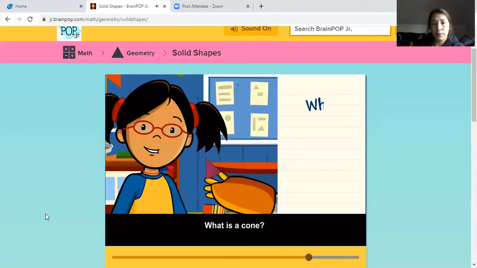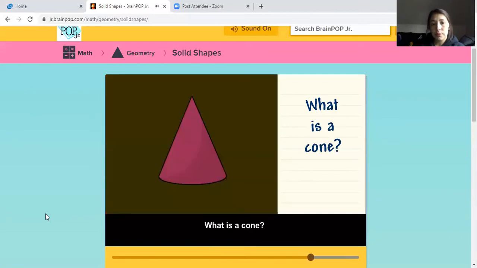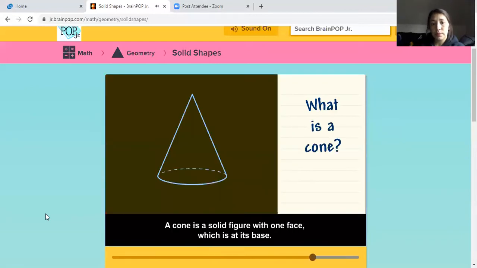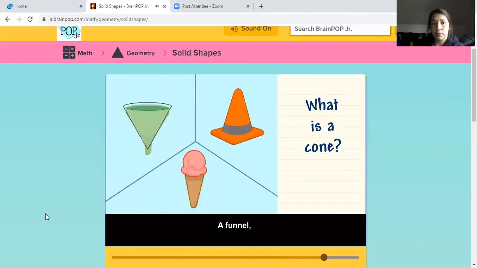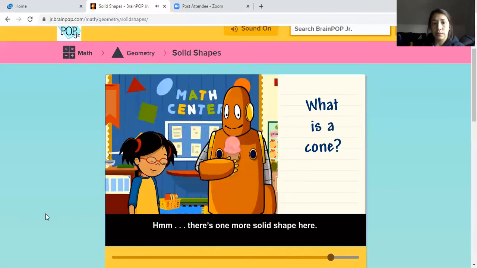What is a cone? A cone is a solid figure with one face, which is at its base. It's shaped like a circle. It has one point and a curved surface. A funnel, a traffic cone, and an ice cream cone are all cones. There's one more solid shape here.